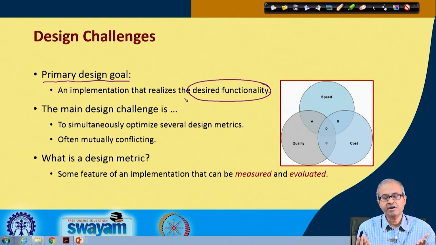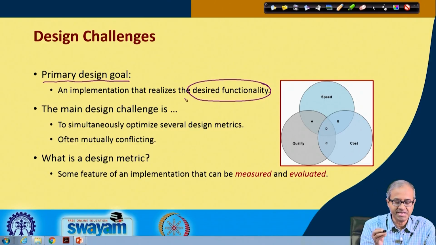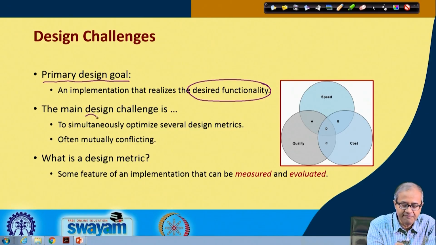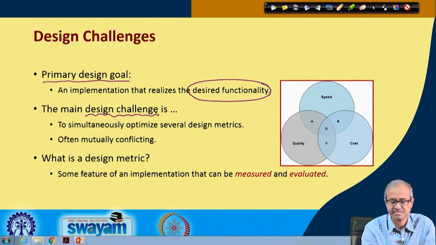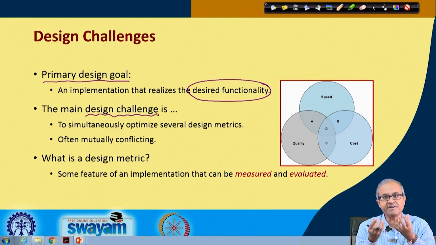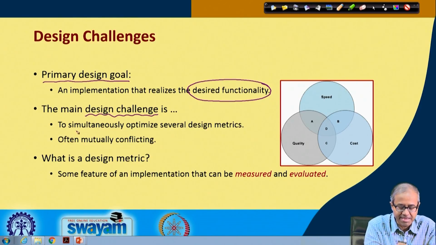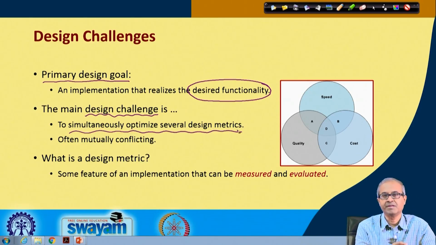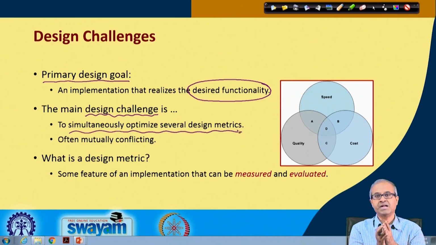But in order to have this implementation, you may have some design challenges. Well, in this sense, there may be several design metrics we shall be talking about, and you may have to optimize several of them. Like, the user may say, I want something which is low cost, small in size, very powerful and also very rugged.